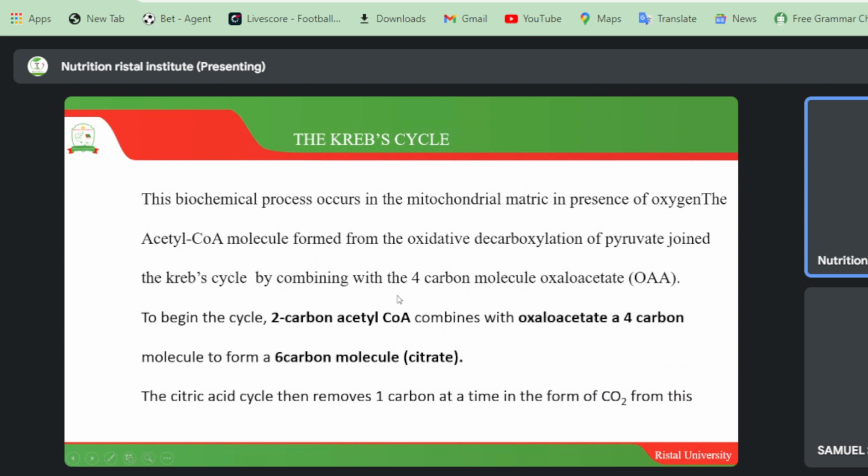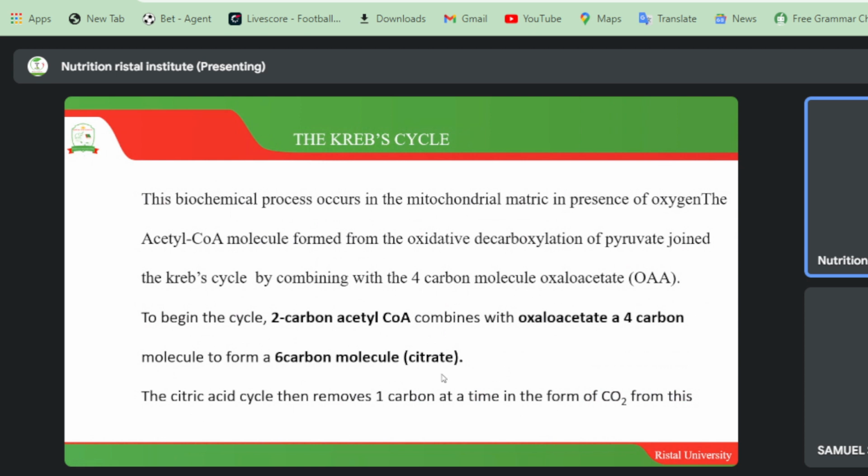This is simple math: 2 plus 4 gives 6. So acetyl-CoA has 2 carbons, and oxaloacetate has 4 carbons. When you join the two together, they give you what you call citrate. And the citric acid cycle then removes 1 carbon.